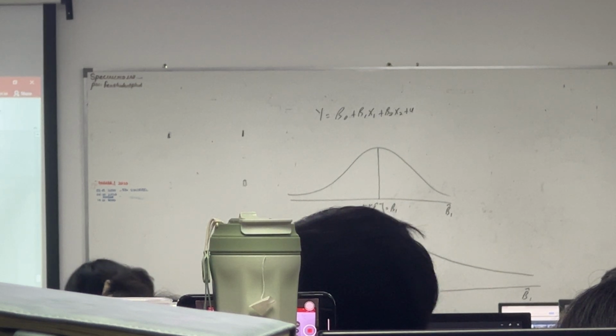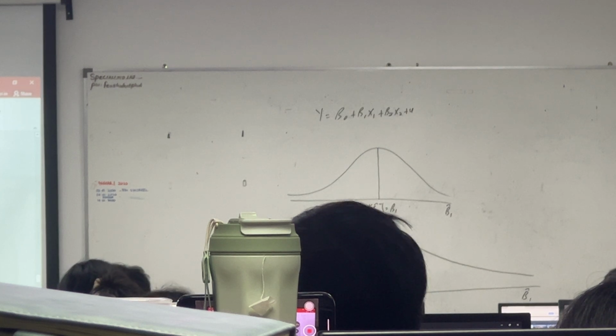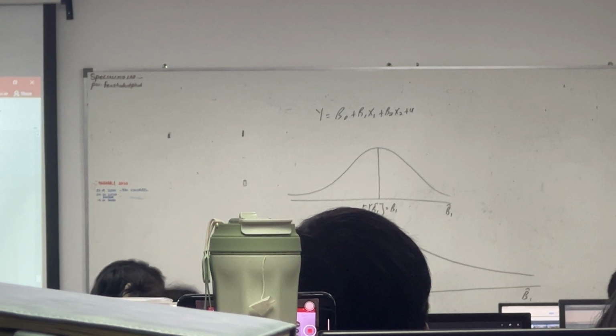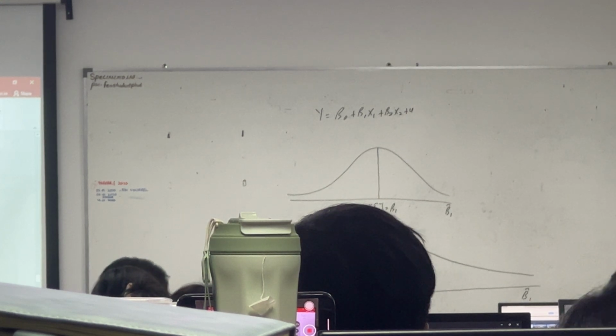So it increases the chance for us to make an incorrect conclusion. We say that there is no significant effect of X on Y, but in reality there is a significant effect. Because of the presence of multicollinearity, we make an incorrect conclusion.